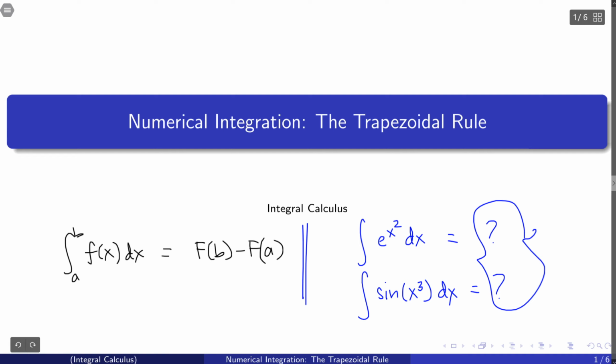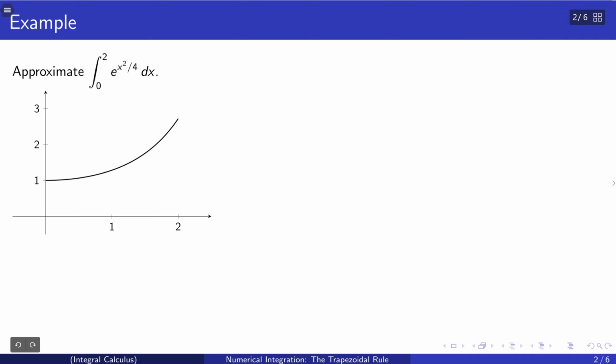So in order to even calculate these integrals, we have to go into some numerics, maybe using a computer or something else, to get an accurate enough approximation to the exact value.